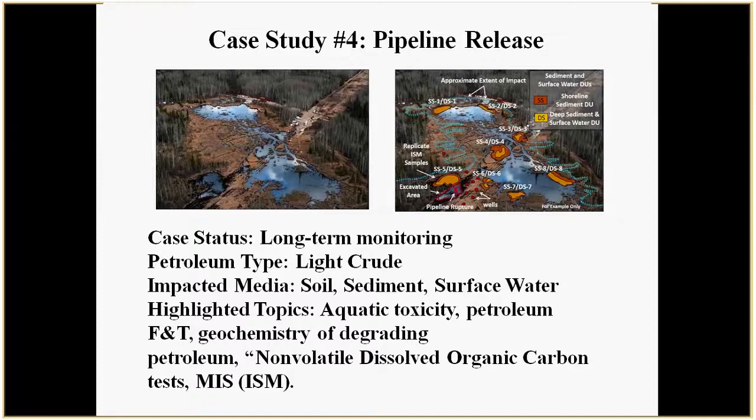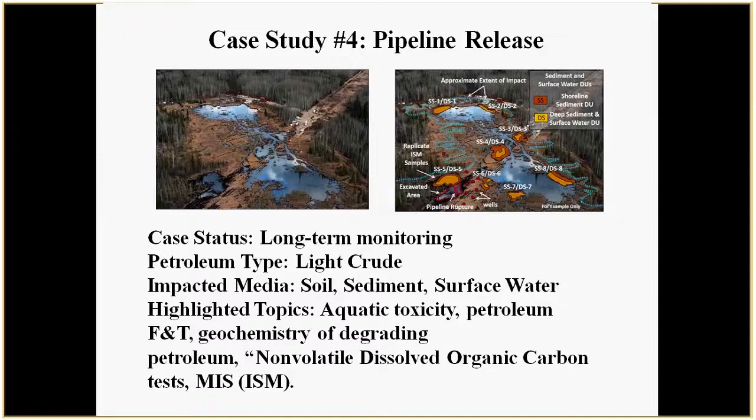We had some great people in the ITRC risk group that had been looking at a site very similar to what I'm talking about for 30 years. So they really had the fate and transport and long-term degradation of such light crude oil down. We tried to incorporate that into the case study. We talk a lot about the geochemistry of degrading petroleum products.